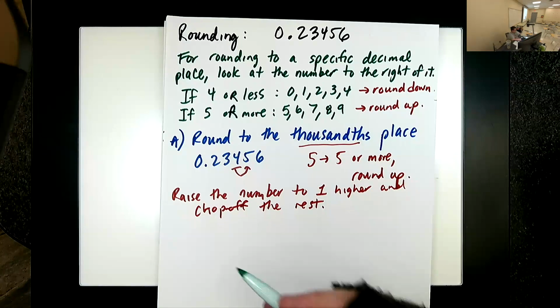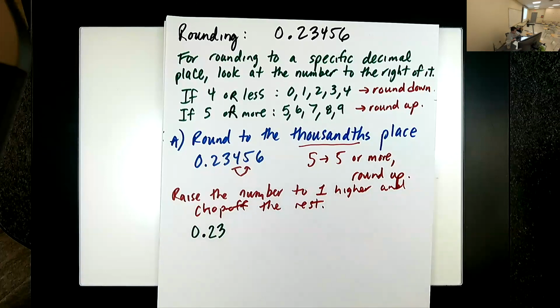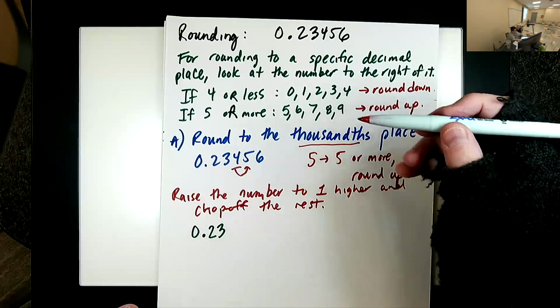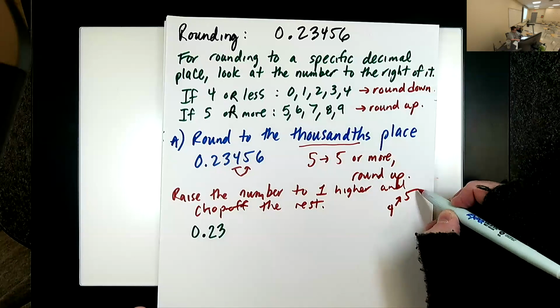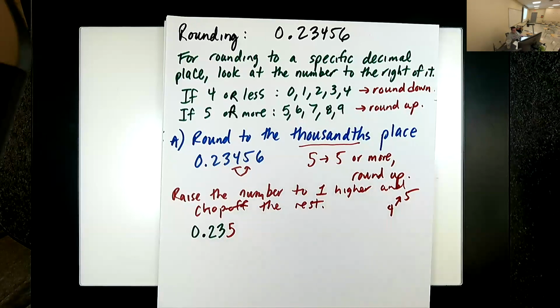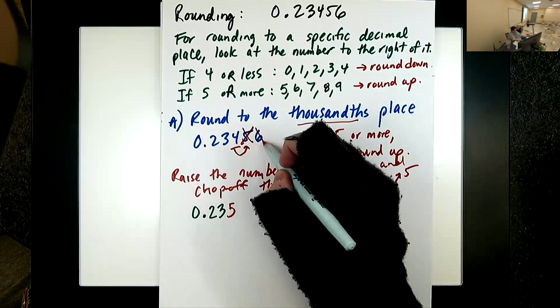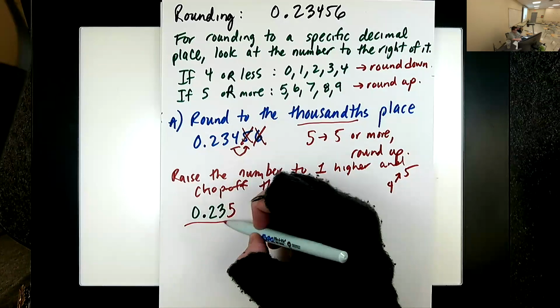The 0.23 are unaffected. They're before the round off position. The 4 goes up to a 5. So I'm going to replace the 4 with a 5, and I'm going to chop off the rest. I don't need them. So that will be the final answer on that one.